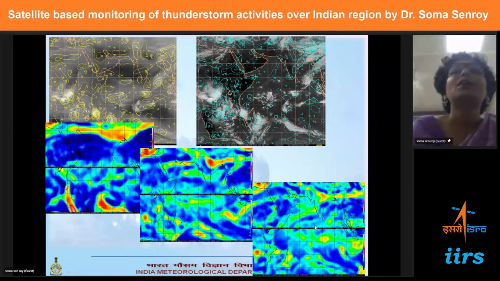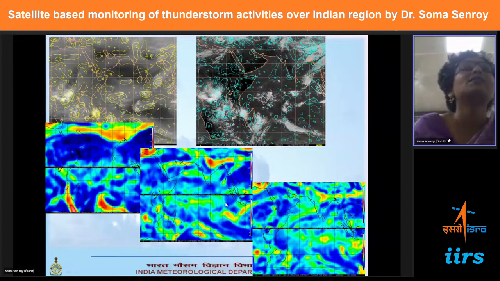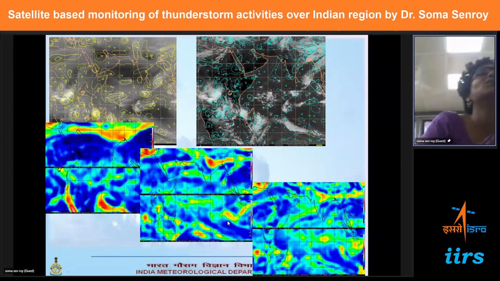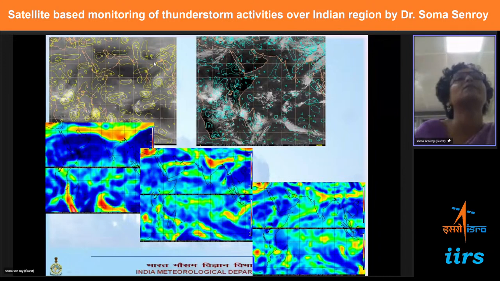So what it really shows, if you compare this with the current convergence and divergence: divergence is to the left, which is yellow, and convergence to the right, which is in blue.